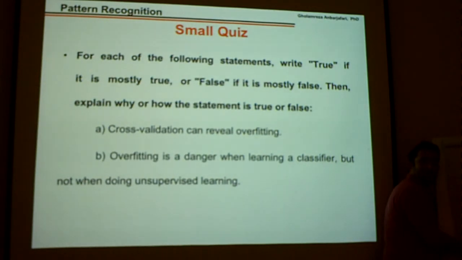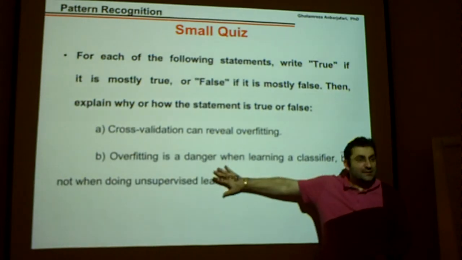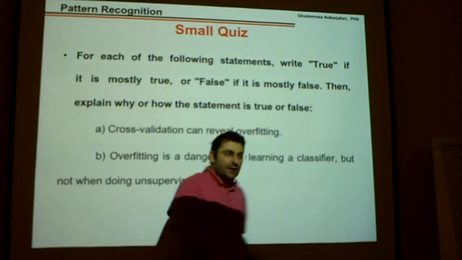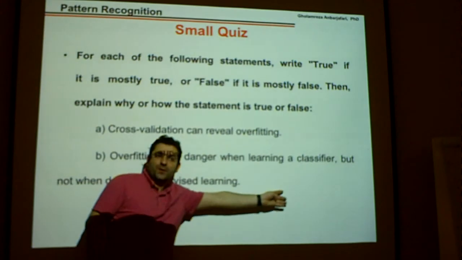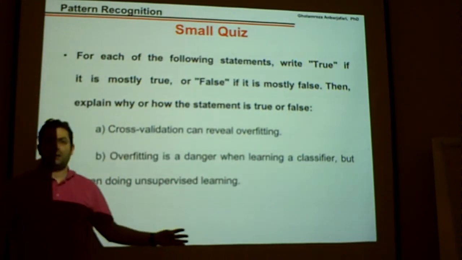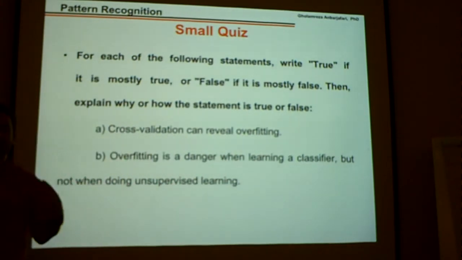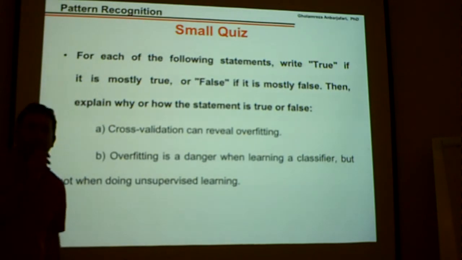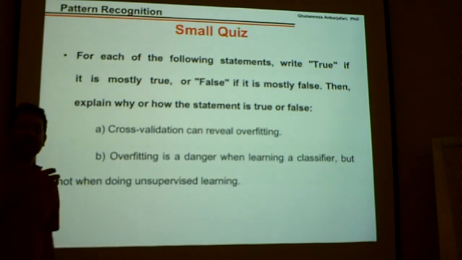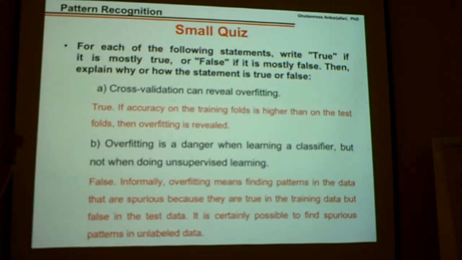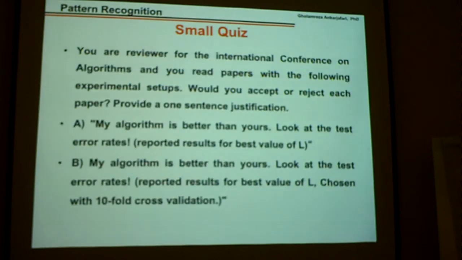In other words, this is false because overfitting is a threat for both supervised and unsupervised learning. The nature of overfitting means that I can be very accurate on the data I have, and I cannot generalize it later. So the answers were true and false, and I just discussed the results. So next question.